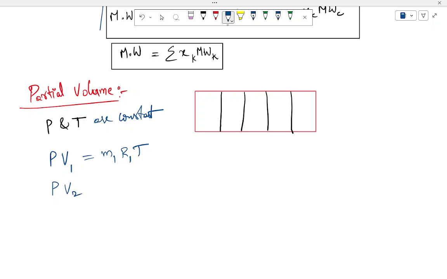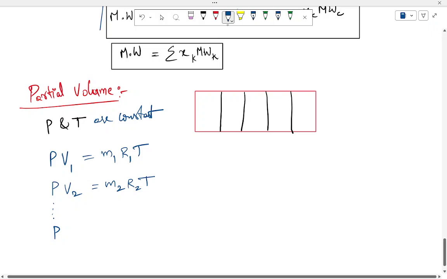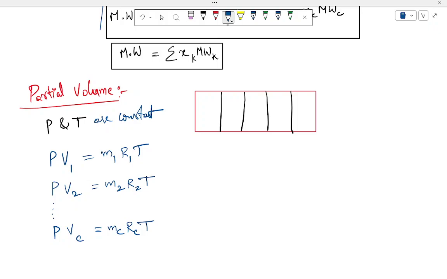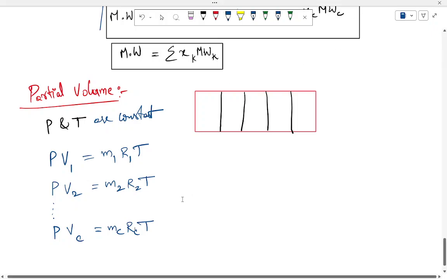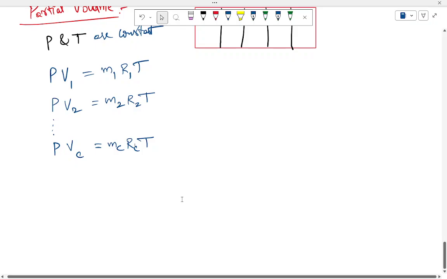If I write it for 2, PV2 is equal to M2 R2 T. And then moving on, I will have PVC equal to MC RC T. So this is how I will get the expressions for each individual gas.